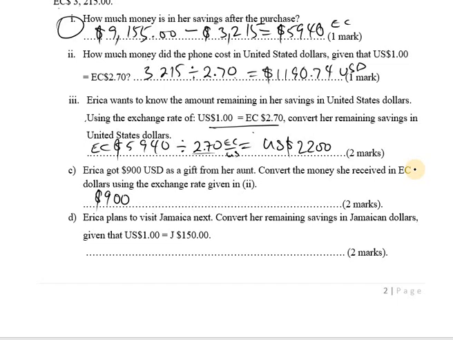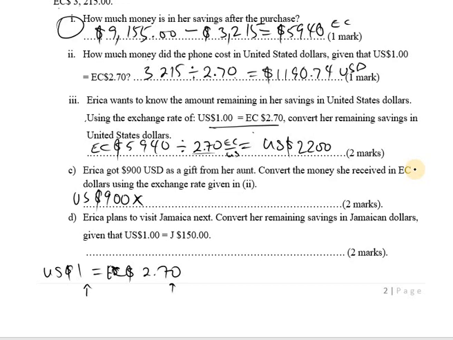Well, if this is the US amount, we want to multiply, because remember, when we have US $1, its equivalent amount in EC dollars is $2.70. US should always be smaller than the equivalence in EC.